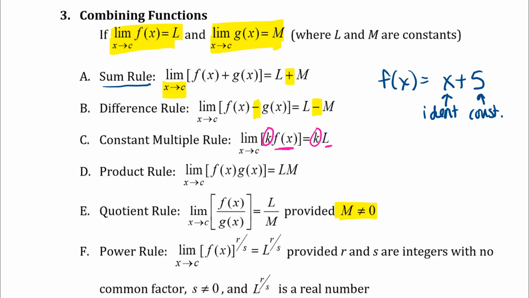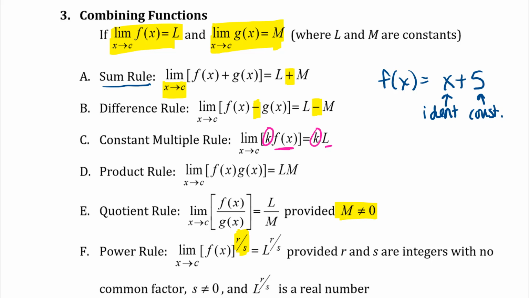And then this last one has a lot there, but power rule. So it's the limit of a function that we know about to some power, and notice that that power is a fraction. R and S are integers with no common factor, so S could be 1, so we could have a whole number exponent here, but S could also be something other than 1, so we could have things like fraction exponents, which allows us to find limits involving radicals.